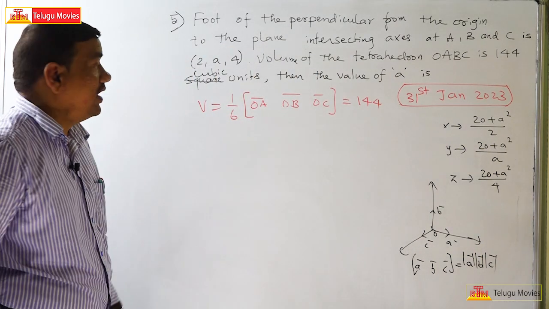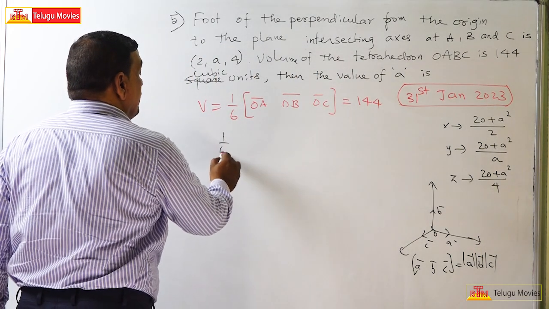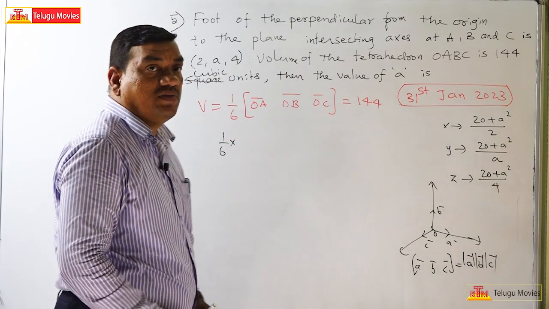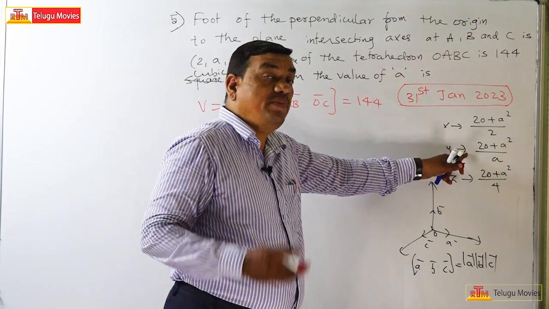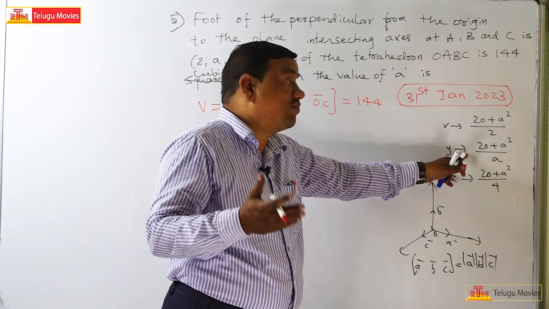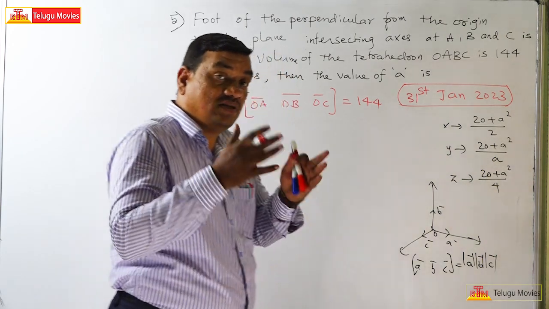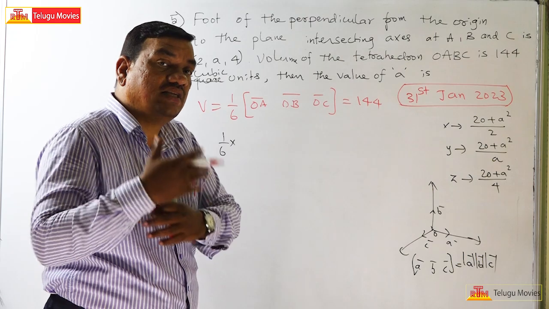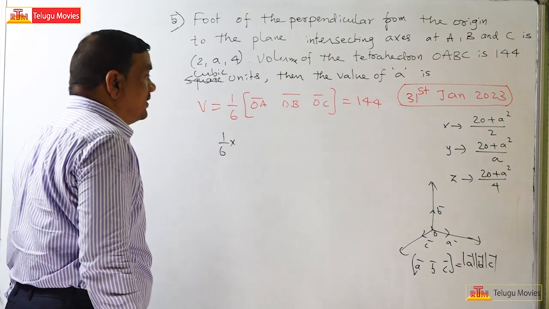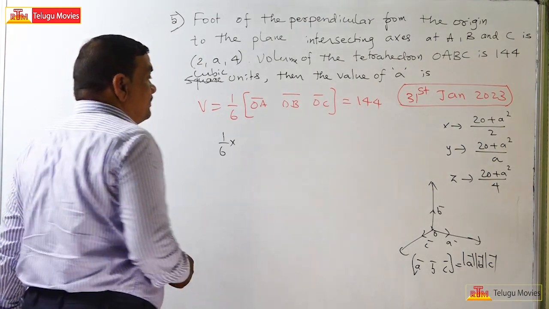So it is 1 by 6 into OA bar, which is nothing but the x-intercept, OB bar, the length of the y-intercept, and the modulus of OC bar, the length of the z-intercept.